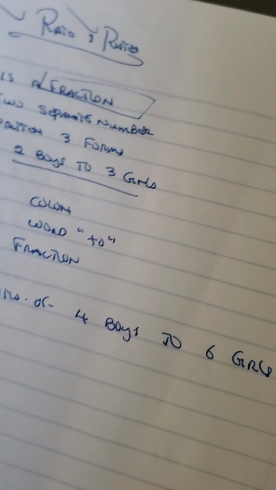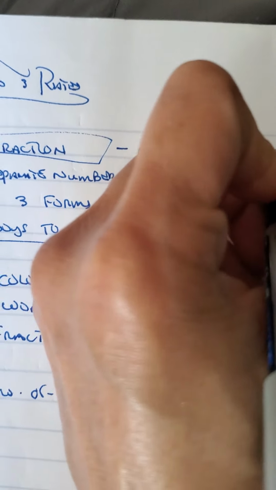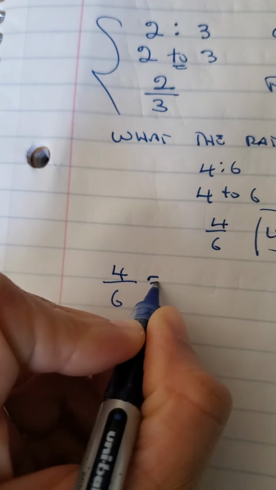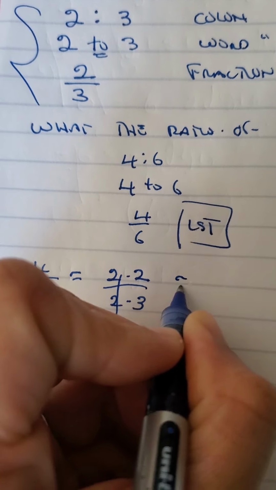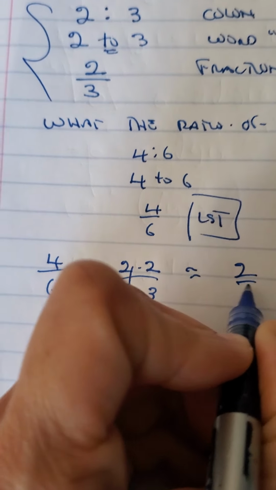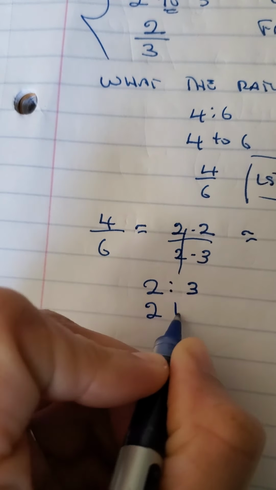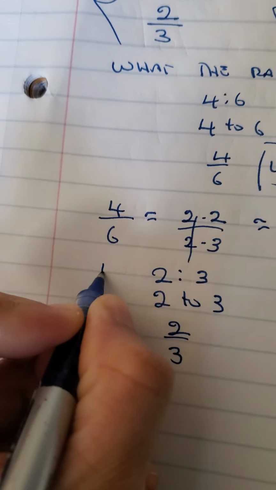And what we know about fractions, it must be in simplest form. So you would have to present your problem first in fraction form, right? 4/6, which we know is actually 2/3. So the answer to this question is either 2:3, 2 to 3, or 2/3, right?